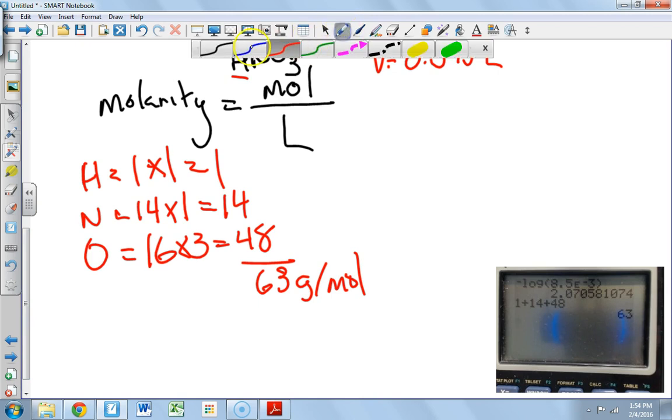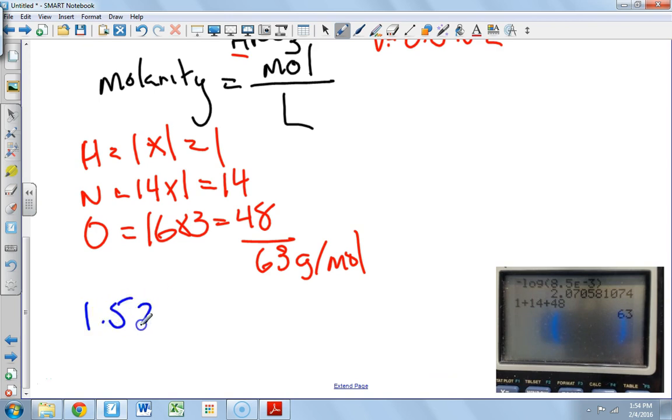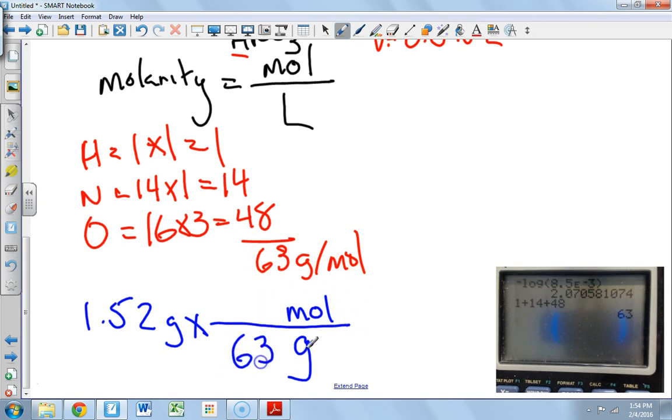Now we have to convert 1.52 grams, and I like to use the X line. 1.52 grams, X line, grams over moles. Looking at this, 63 grams is equal to 1 mole.